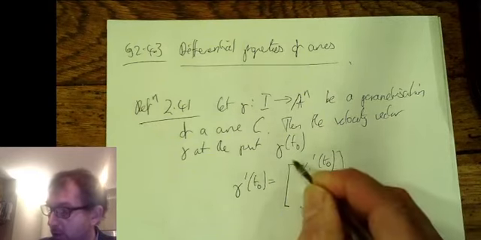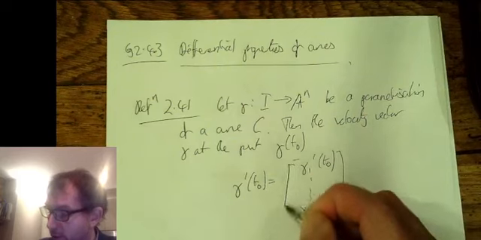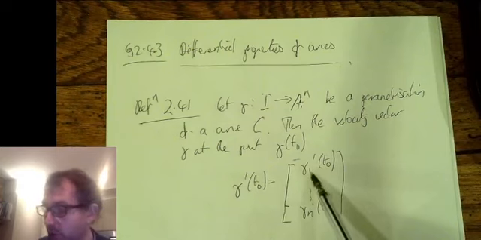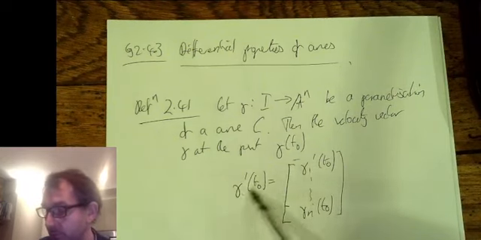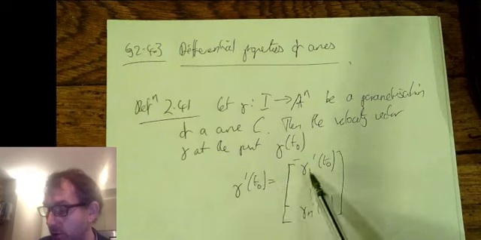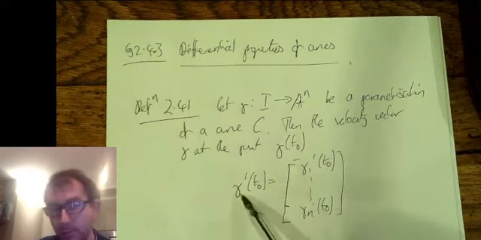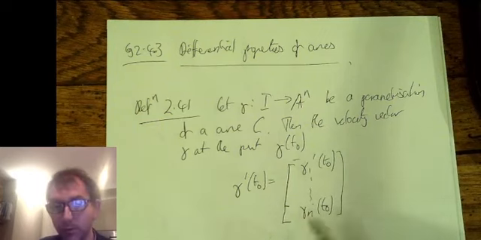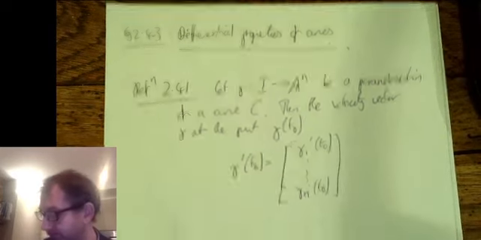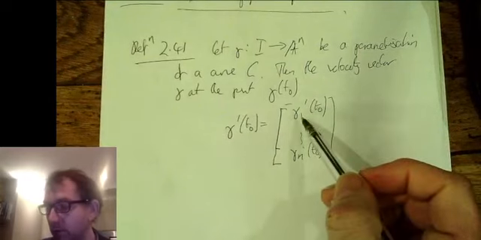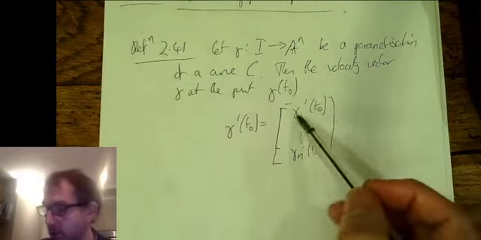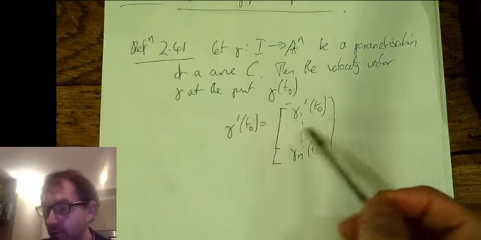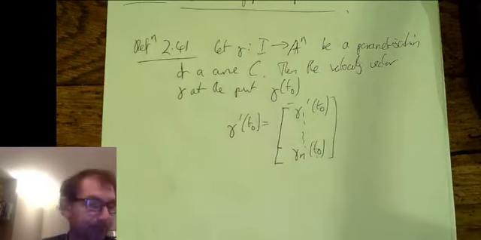So all we're doing here is taking the coordinate functions that make up gamma and differentiating each of those with respect to time. And so then we will get the rate of change in the direction x as time increases, rate of change in the direction y, and so on all the way down.